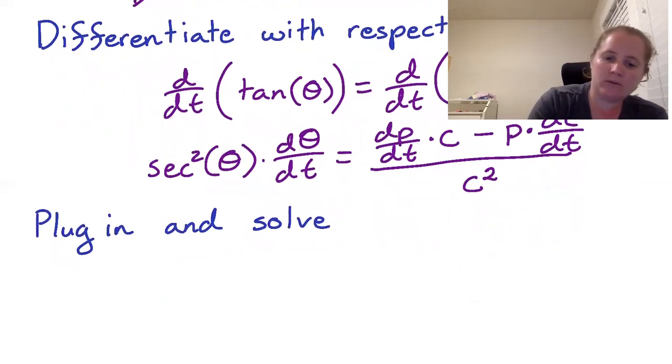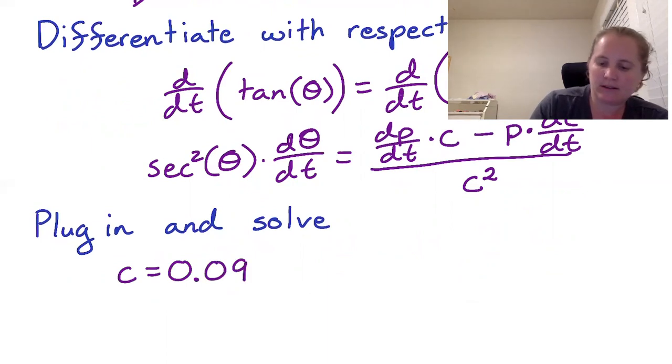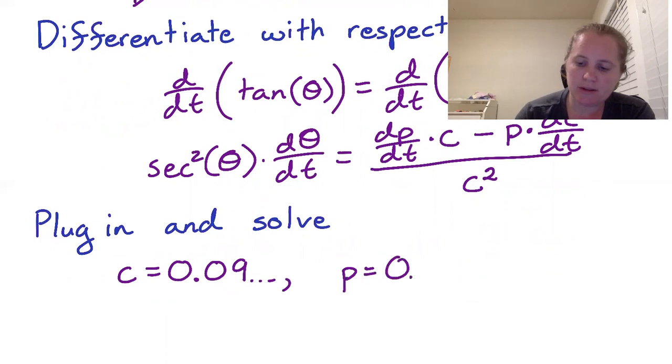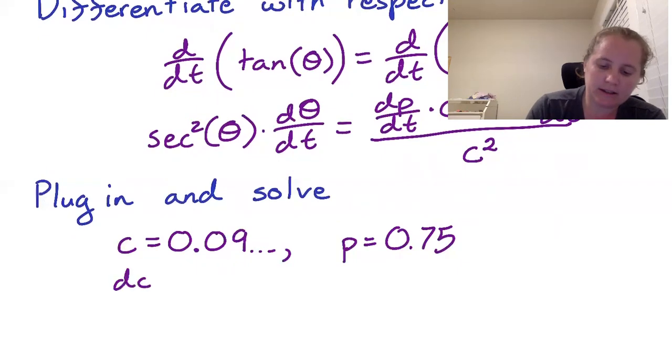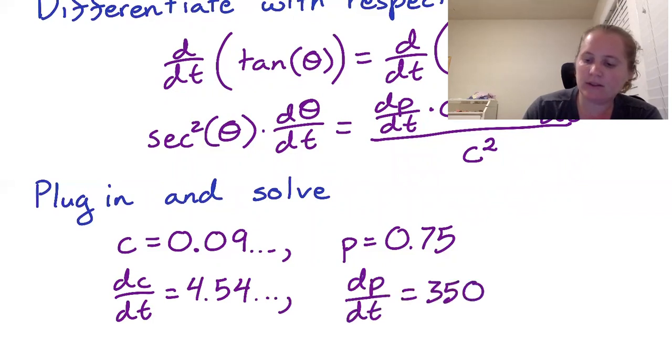So we know, again, that c is equal to 0.09... I have that number stored in my calculator. p is equal to 0.75 at the point of time we care about. dc dt was equal to 4.54... dp dt is equal to 350.